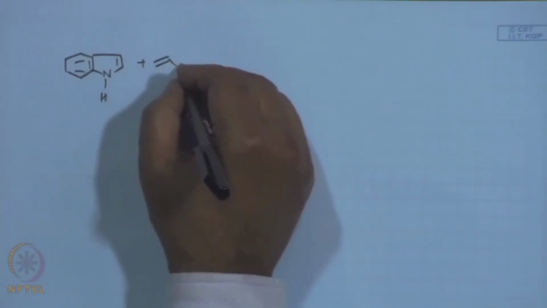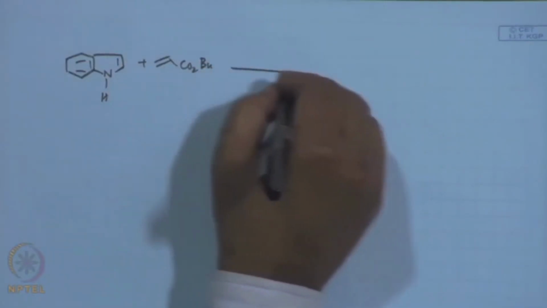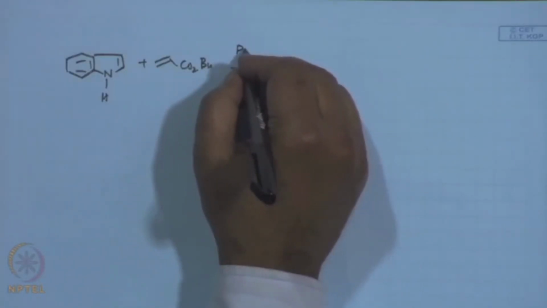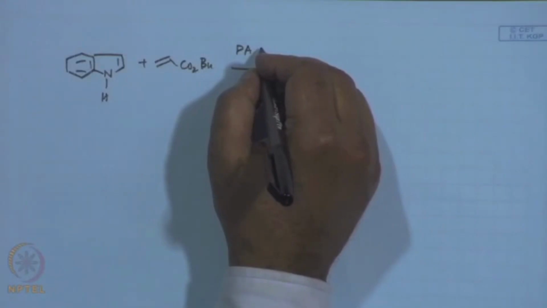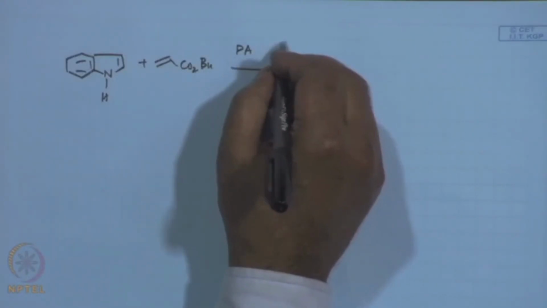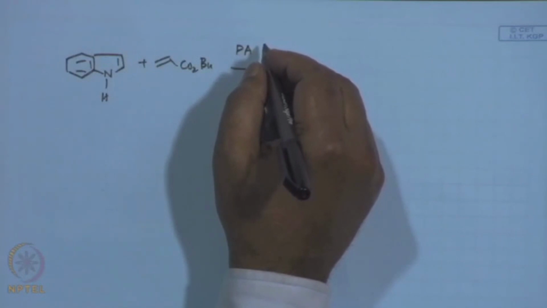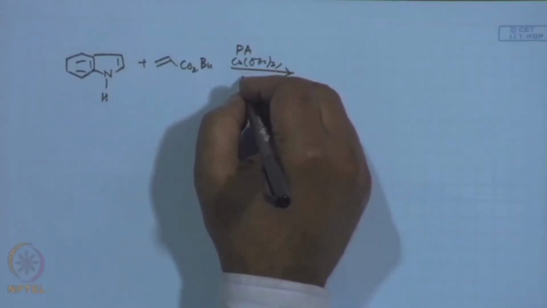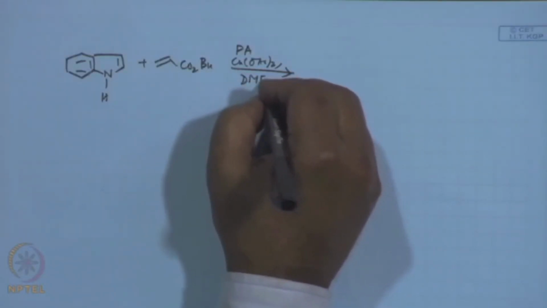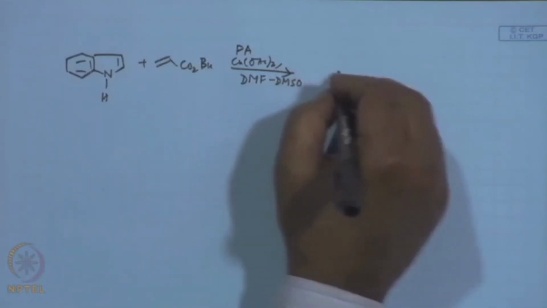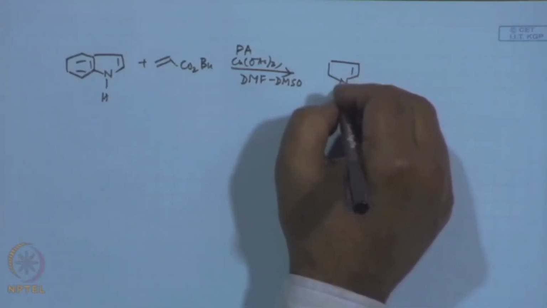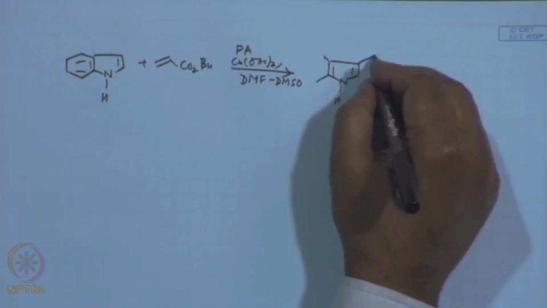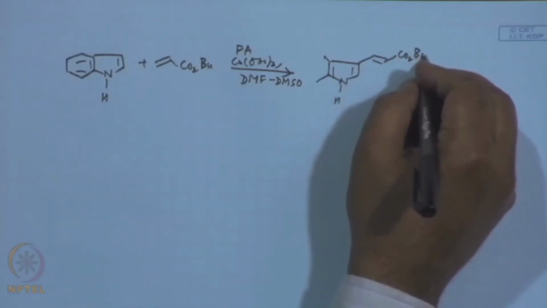Same old acrylate, and the reaction conditions are like this, again palladium acetate, percentage not given, and then cupric acetate, solvent is a DMF and DMSO combination. The advantage here is that you do not require protection of the nitrogen, and the reaction takes place at C3.